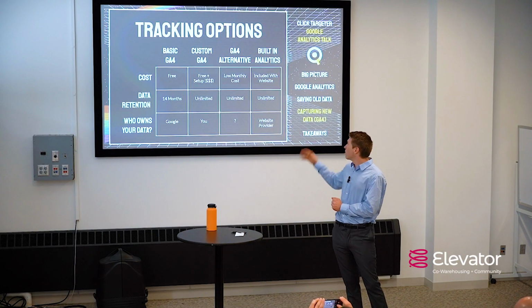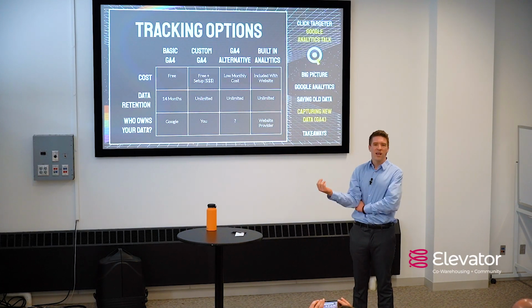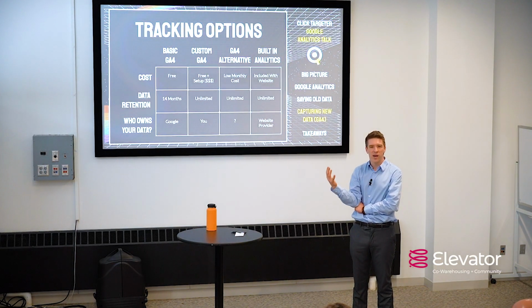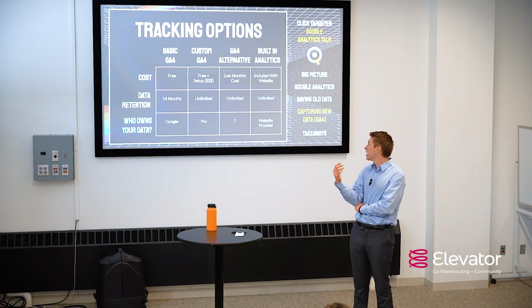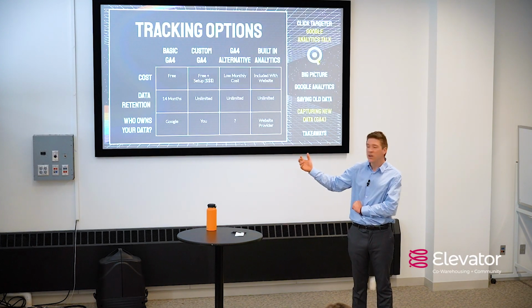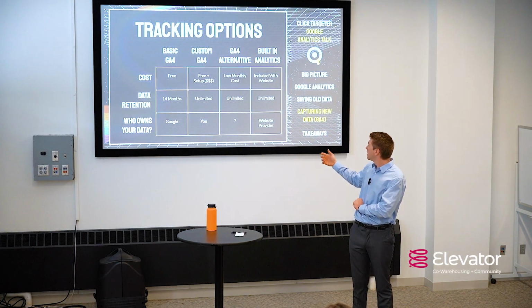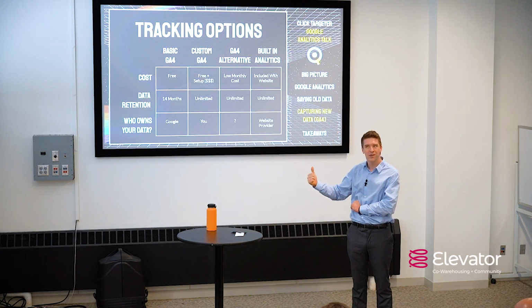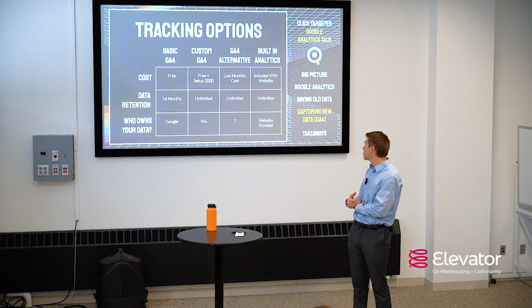Then there are a lot of alternatives now, and I don't know all of them because I use Google Analytics, but for the most part, they're not free. You pay a small amount per month, and they'll keep all your data moving forward. And then built-in analytics just means if you have your own WordPress or Shopify site, you could use those. So that's your other option.